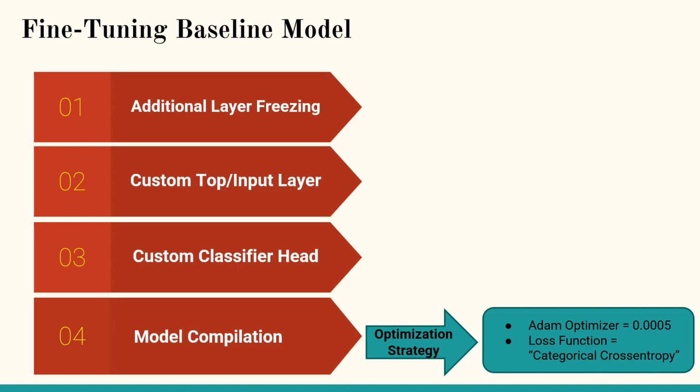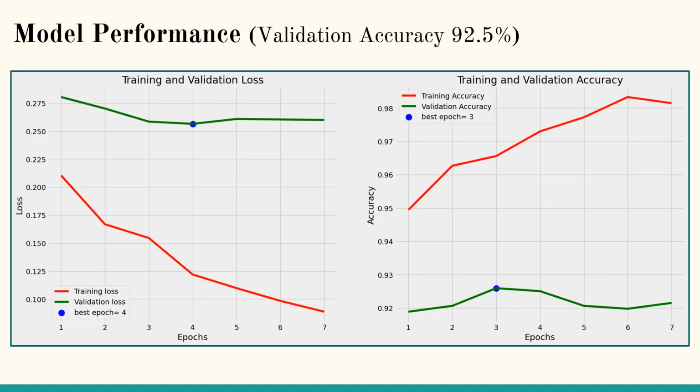The optimization strategy this time was setting the Adam optimizer equal to 0.0005, and also setting the loss function equal to categorical cross entropy. This improved our model performance a little bit to 92.5%.